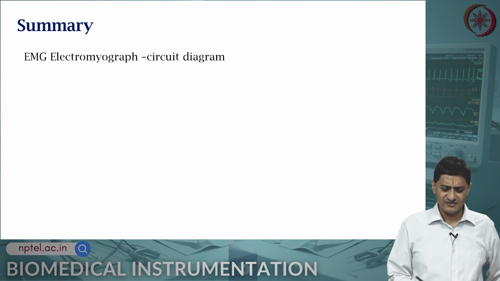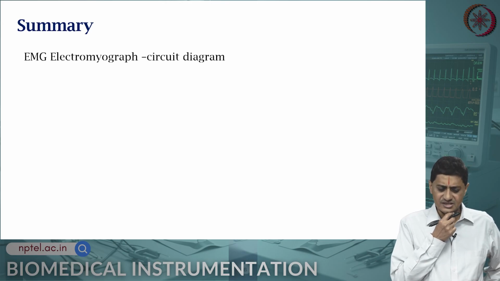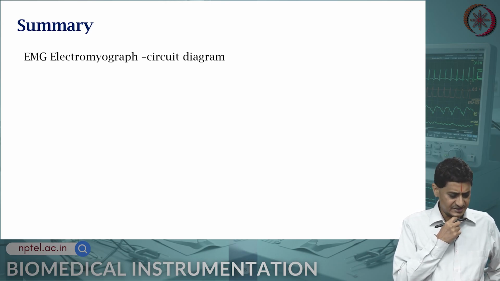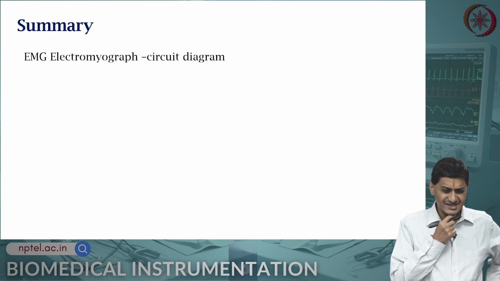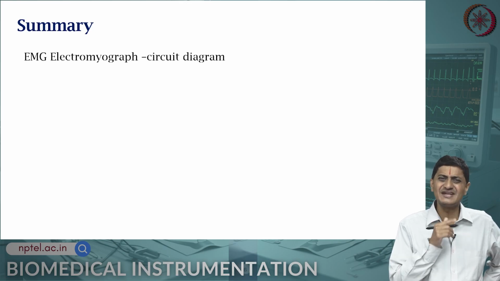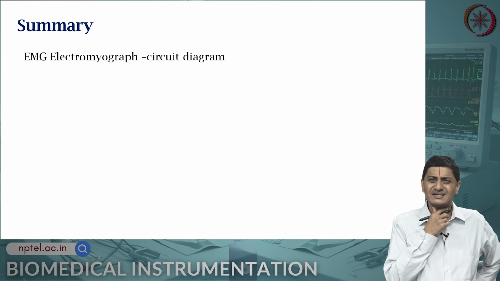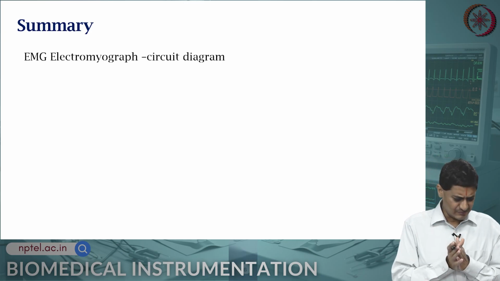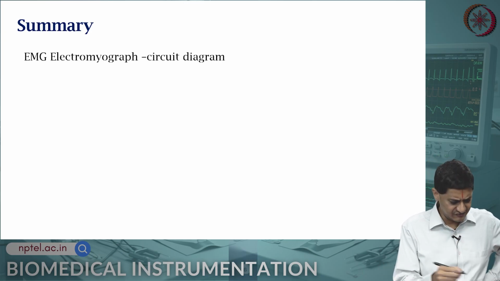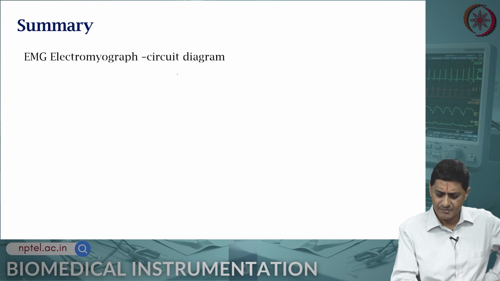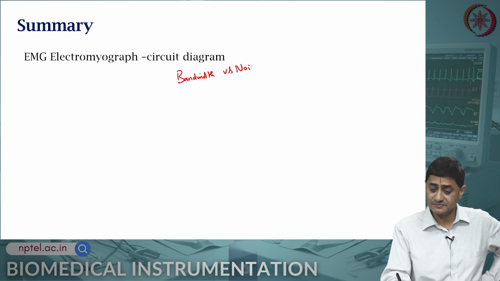With this we end this lecture on EMG, but some points to keep in mind are some of the trade-offs that are there in the design of an EMG system. What are the general trade-offs? Bandwidth versus noise. How are these two related?